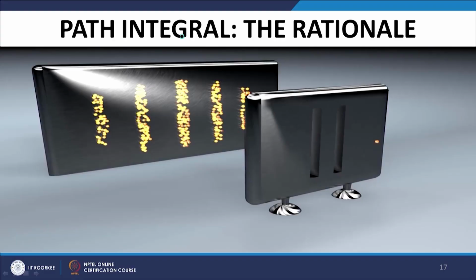Putting it in another way, the amplitude at the detector point O is the sum of the amplitudes of all paths which start from the source and end at O. That is the formalism of the path integral. So, let us summarize.